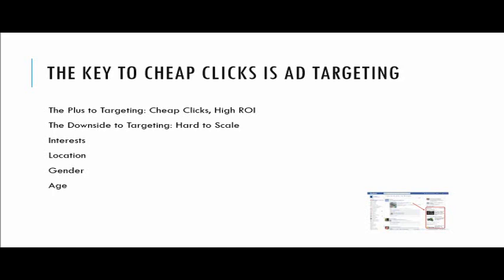Age. In the beginning, when you start to look at age, and we'll talk about this in later videos, you're not necessarily going to want to limit it too much. You want to find out first. You're going to get a report from Facebook that will tell you who's clicking your ad, and then you'll come back to re-optimize your targeting, and you might shut off some of the age groups where people are not clicking your ads.